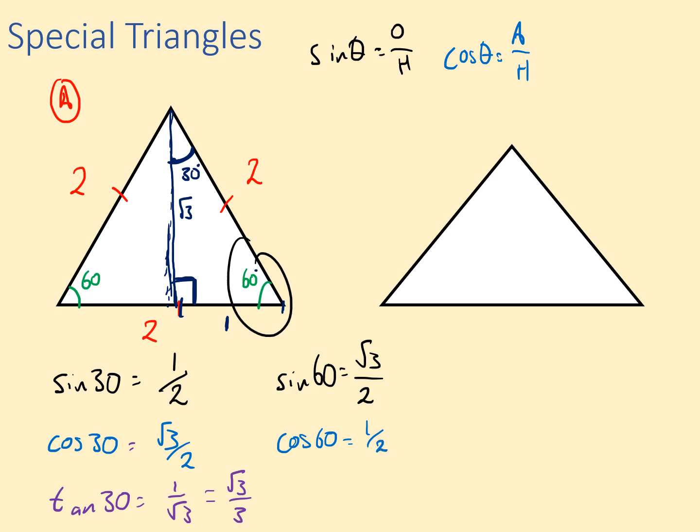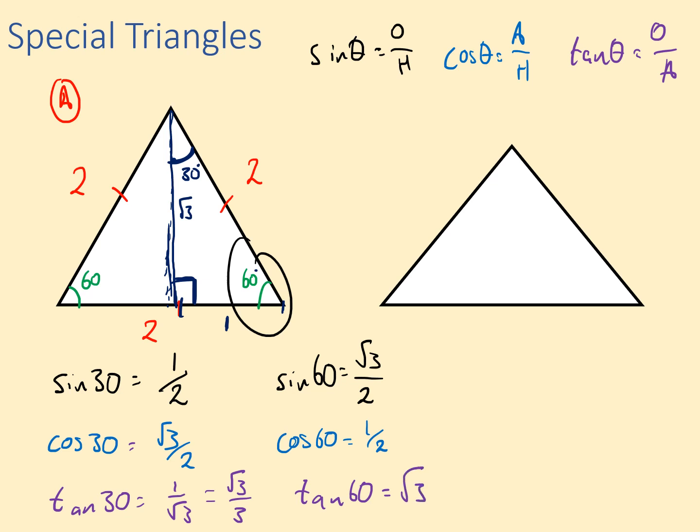And the third and final one, tangent of that angle, so tan of 60, is the opposite over adjacent. I didn't write it at the top, let's put it at the top: tan theta is opposite over adjacent, which is root 3 divided by 1, and that's just root 3.